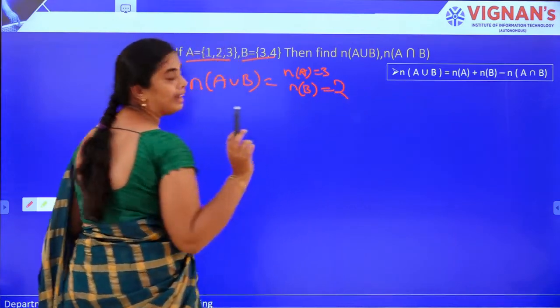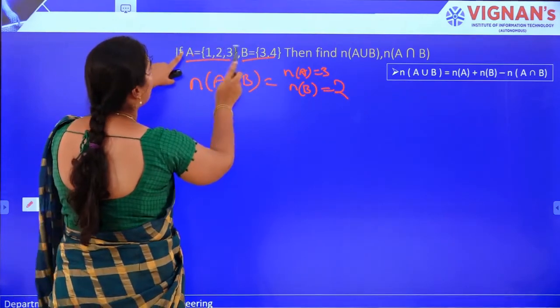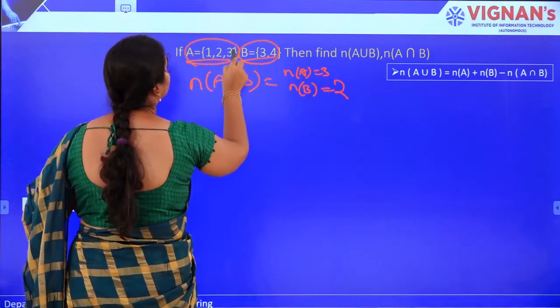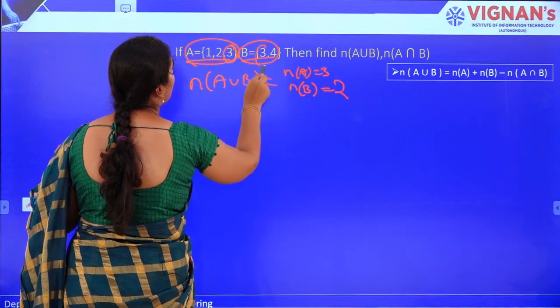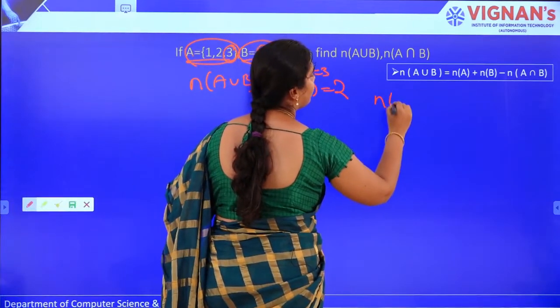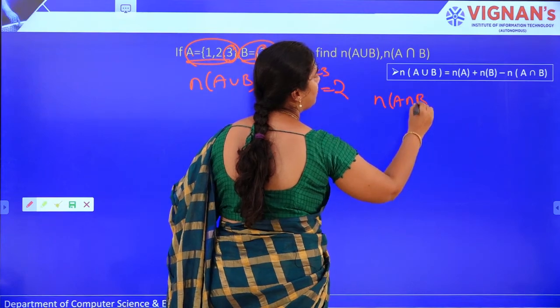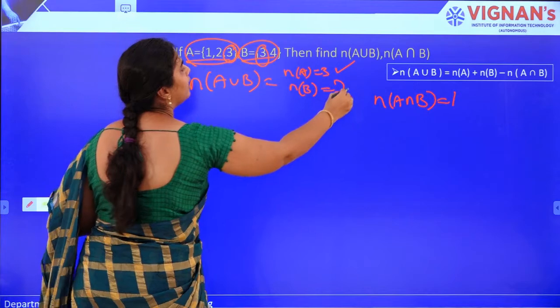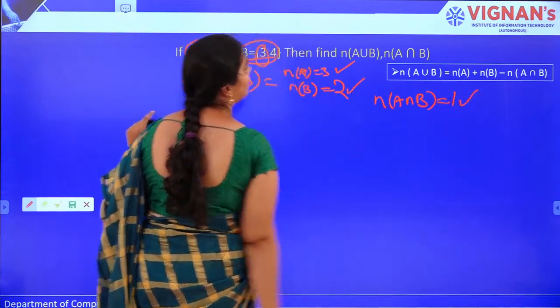If you take n(A ∩ B), that means the common elements. What are the common elements between A and B? 3 is the only common element between A and B. So n(A ∩ B) is equal to 1. So we know all the values: n(A), n(B) and n(A ∩ B).